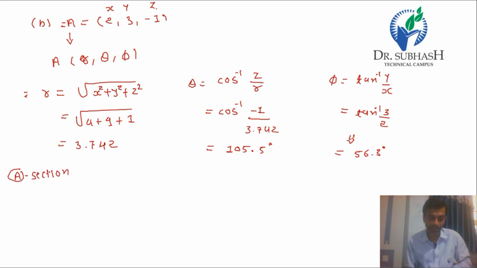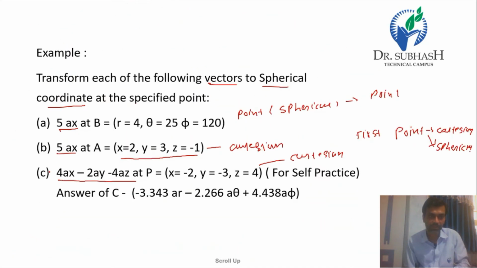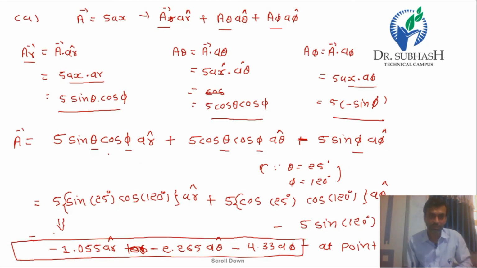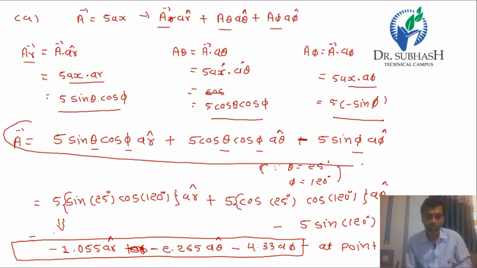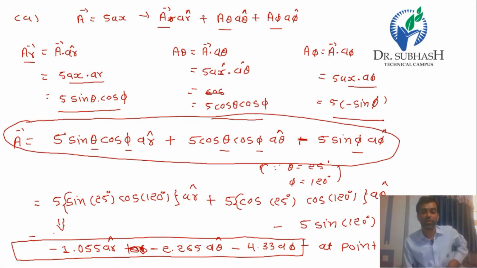Now in the A section, we already transformed the vector in the Cartesian coordinate system. Here we already transformed this vector into the spherical coordinate system, and this vector is here. So we directly put our transformed point into this equation.